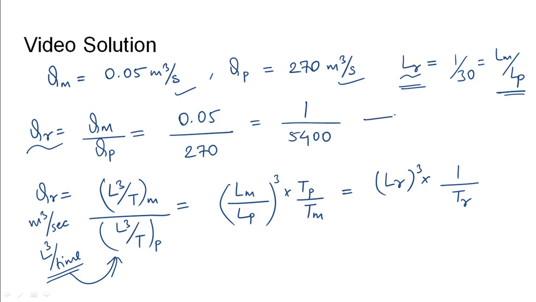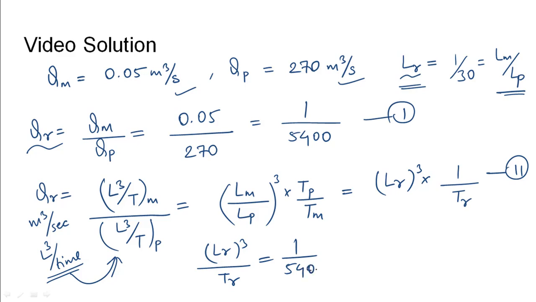So comparing 1 and 2, as the left hand sides are similar, we get Lr cube over Tr equals 1/5400.